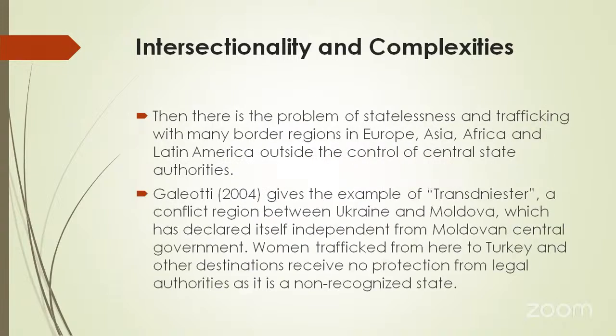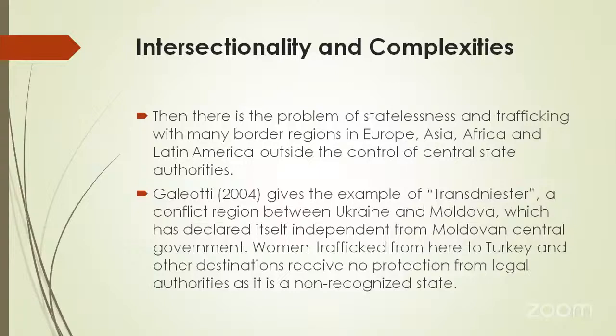So, for example, Sanjeev, this Transdniester is a conflict region between Ukraine and Moldova, which has declared itself independent from Moldova. So, it's not a part of Moldova. Sir. So, now if a person is trafficked from this particular region and is caught somewhere else, they are non-state.